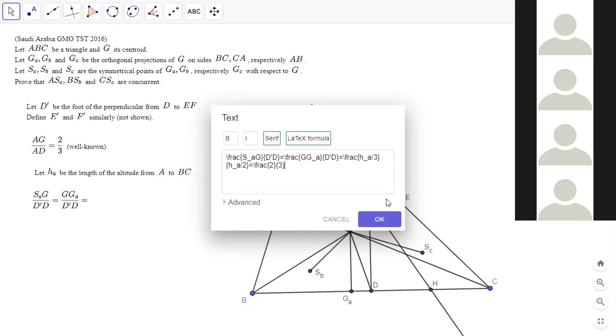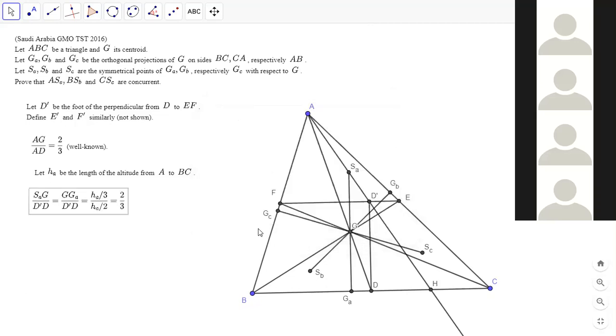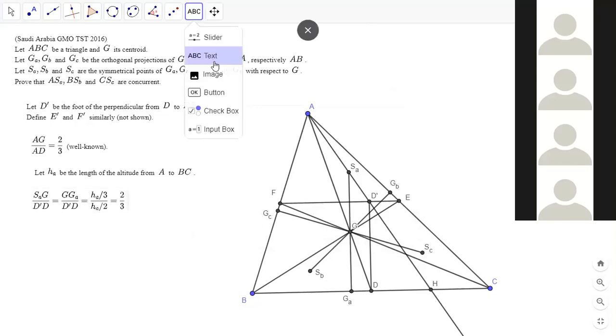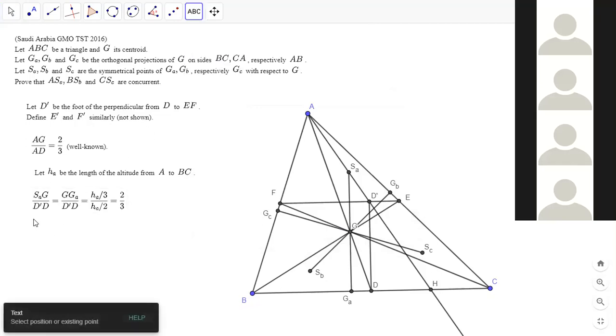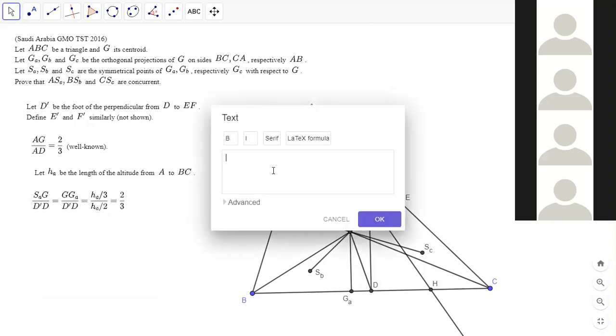And so that means that A, S_A, and D prime are collinear, and similarly for the other sides.